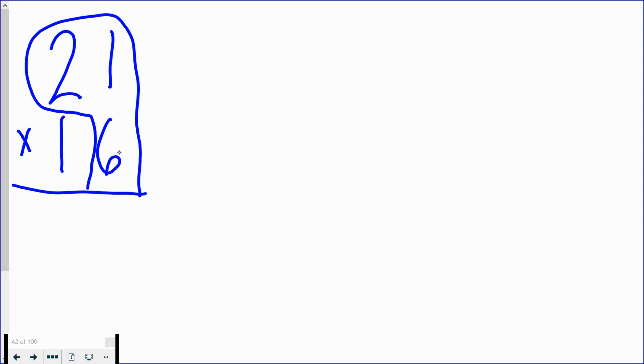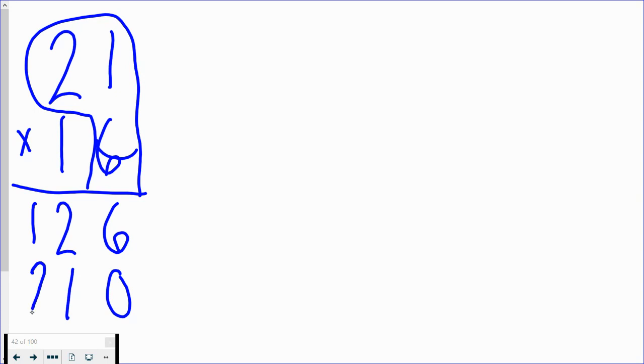Okay, so 6 times 1 is 6. No regrouping. 6 times 2 is 12. I don't have any other places over here, so I'm just going to write the whole 12. Okay, draw the collar. Nothing to cross off at the top, so I lay the egg. Okay, multiply what's here under his chin. So 1 times 1 is 1. 1 times 2 is 2.